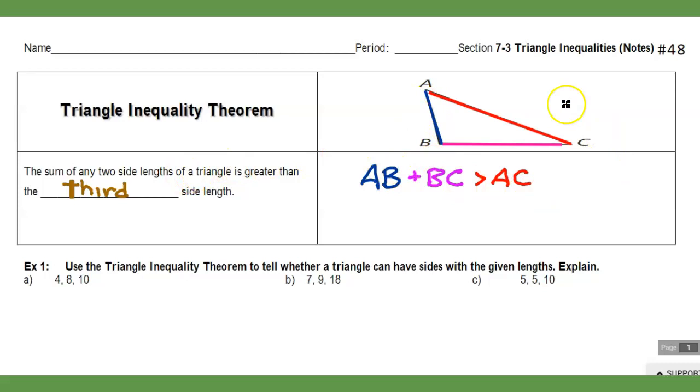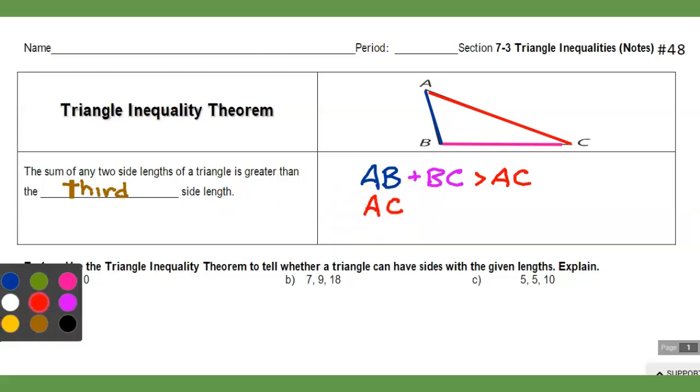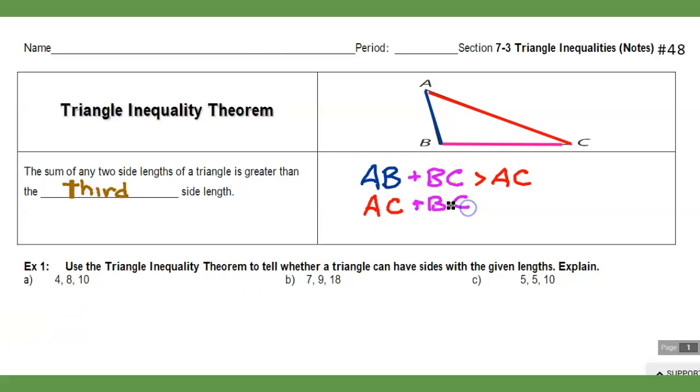And that's true all the way around. So it doesn't matter which two sides you actually add up. So if we started here with AC, AC plus BC again would have to be bigger than AB.